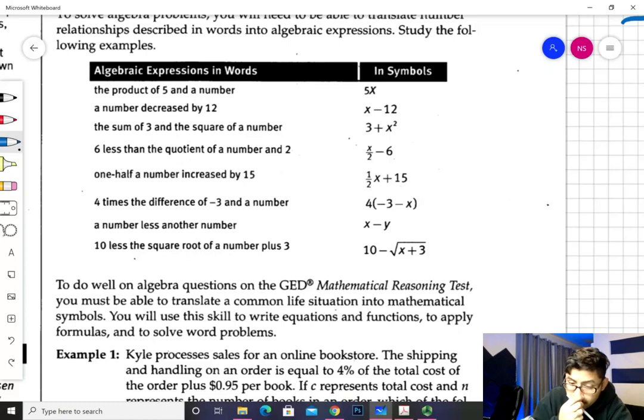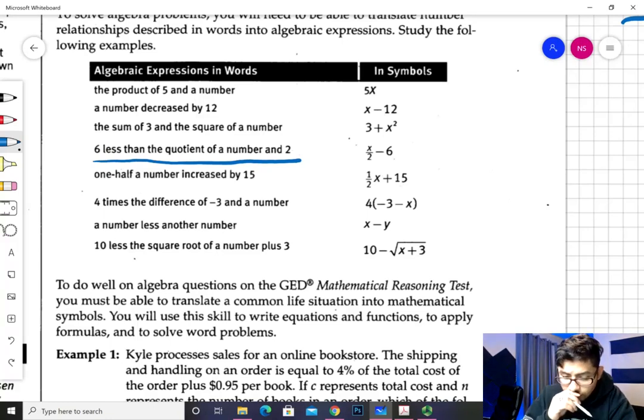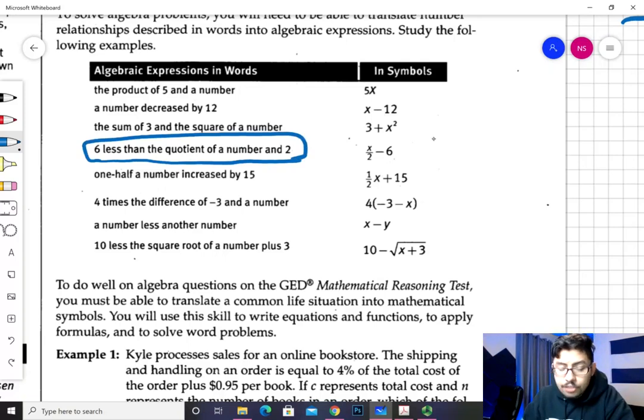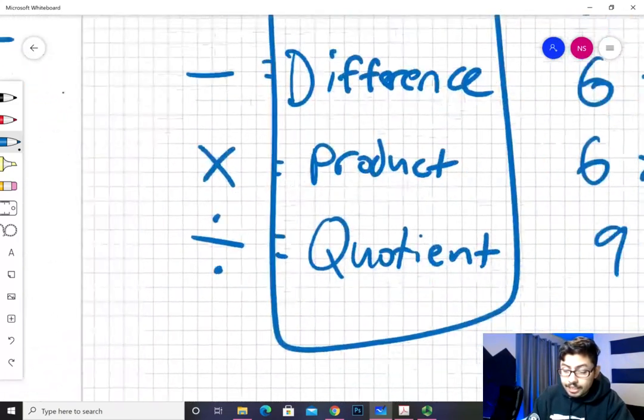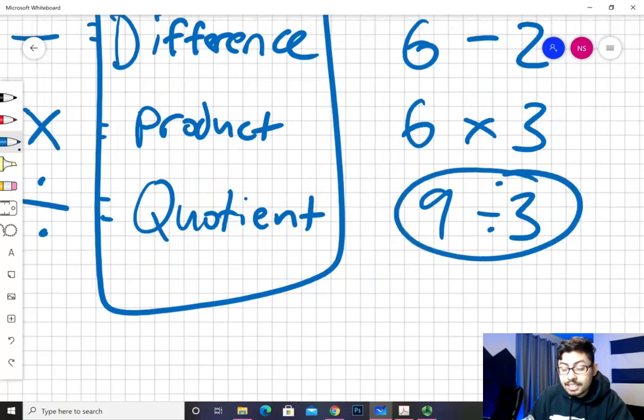I did want to go over the next one. 6 less than the quotient of a number and 2. 6 less than. You make this a habit to just follow the order of the wordings that they give you, which is actually bad. If you say 6 less than, your brain wants to immediately say 6 less than the quotient, the dividing. And by the way, in algebra, you won't see dividing like this, even though I put that as an example.